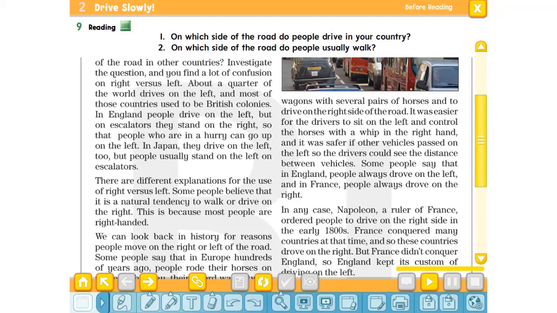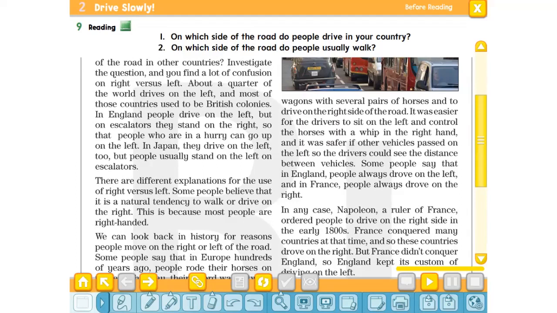Some people believe that naturally we tend to walk or drive. Natural tendency to walk or drive on the right. This is because most people are right-handed. Thank you, Abdulaziz.